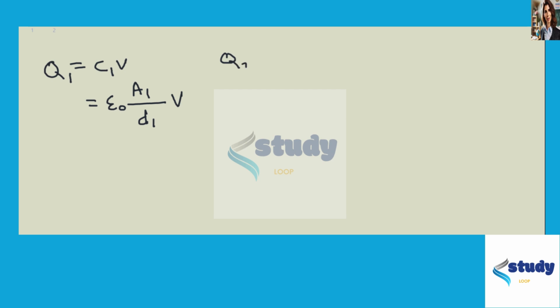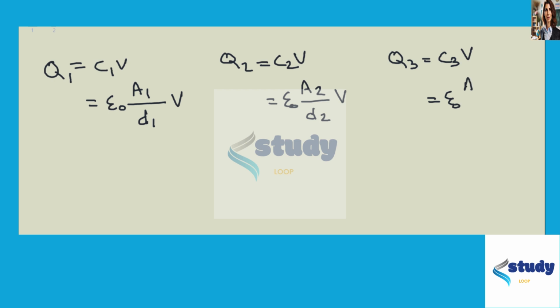Q2 is going to be C2 times V, which is epsilon naught A2 over D2 times V, and similarly Q3 is going to be C3 times V, which is epsilon naught A3 over D3 times V.